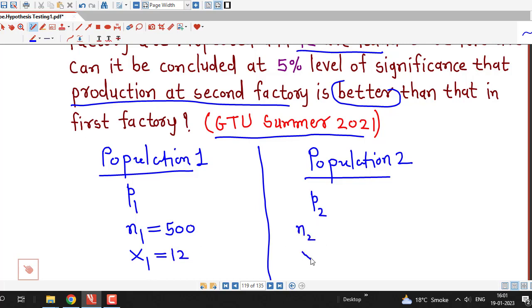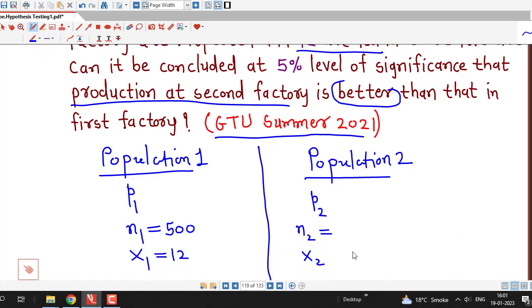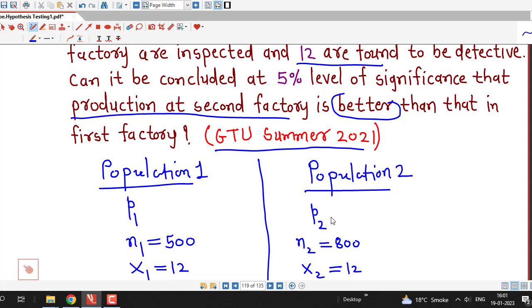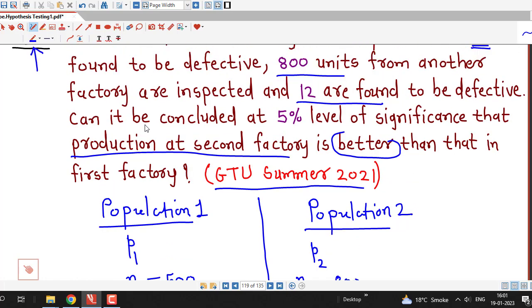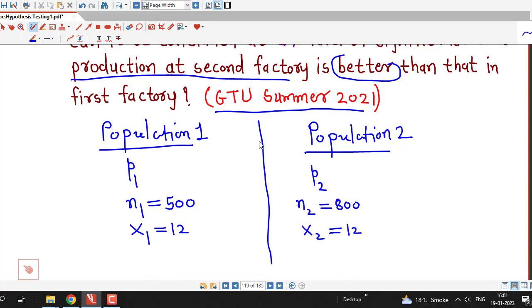Similarly, they consider a sample of size 800 from factory 2 and they find that the number of defective units in this sample is 12, and we are asked to answer whether we can conclude that production at second factory is better than production in first factory.